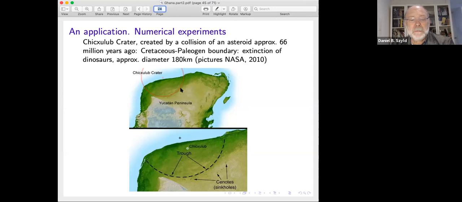So there is evidence that this happened, in particular in these places. There are things called cenotes. Cenotes is a Spanish word. They are sinkholes.